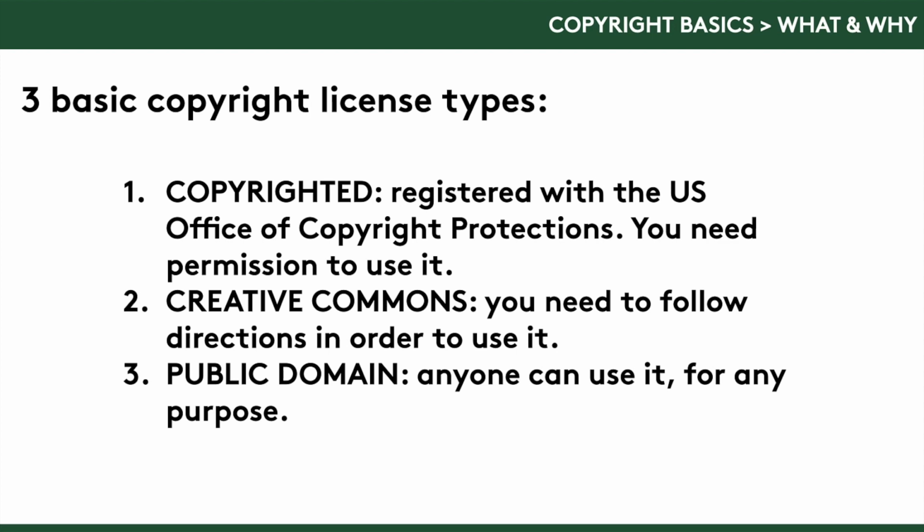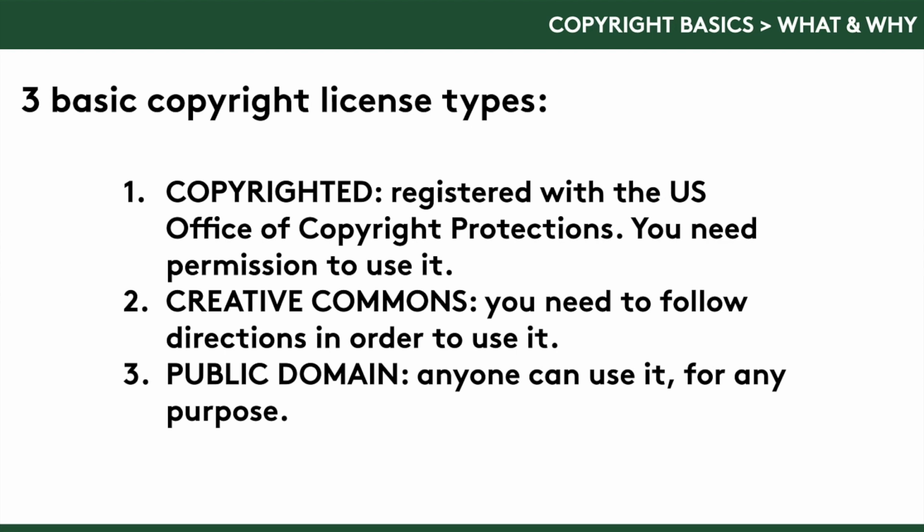There are 3 basic types of copyright. One is when something's copyrighted, it's actually registered with the U.S. Office of Copyright Protections. And ideally, this means that you need explicit permission from the copyright holder in order to use it. The second type of copyright is Creative Commons, which is becoming more and more common online.